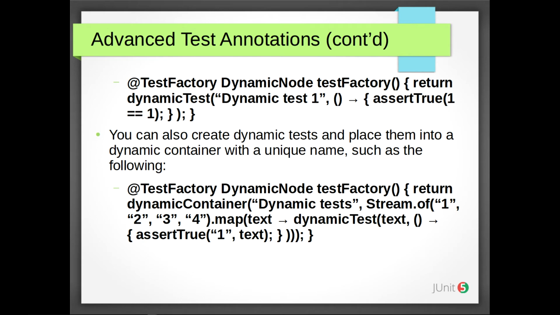And finally, we're going to see the last example of the @TestFactory annotated method, where the return type is just a plain DynamicNode.